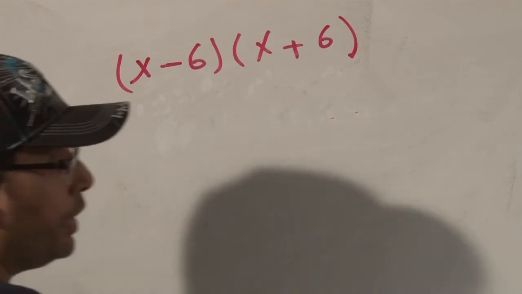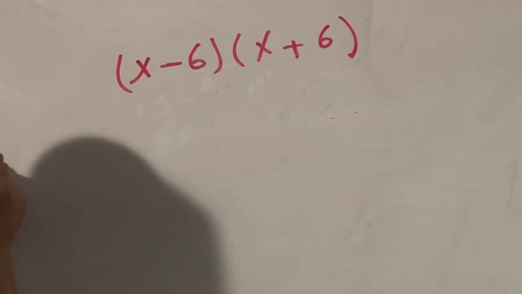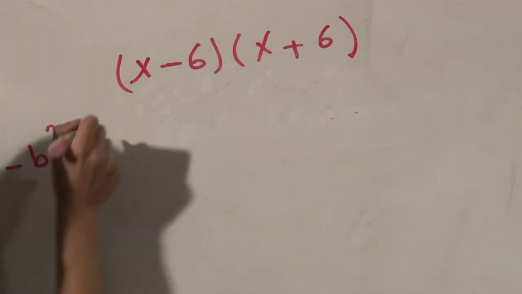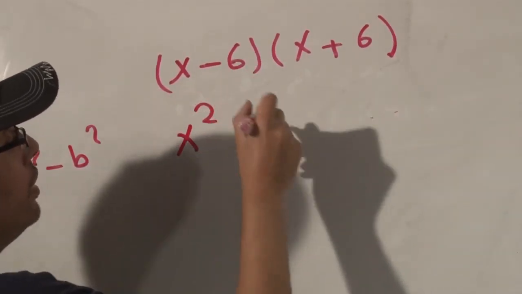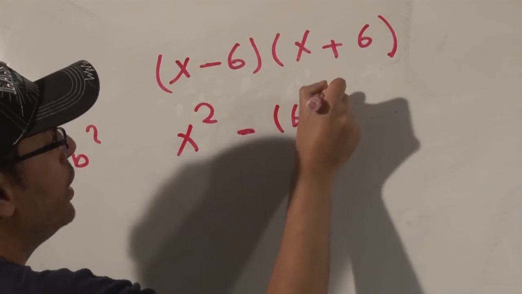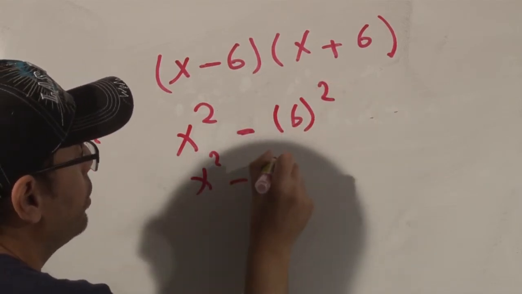So the answer would be a squared minus b squared, which means x squared minus 6 squared, which is x squared minus 36.